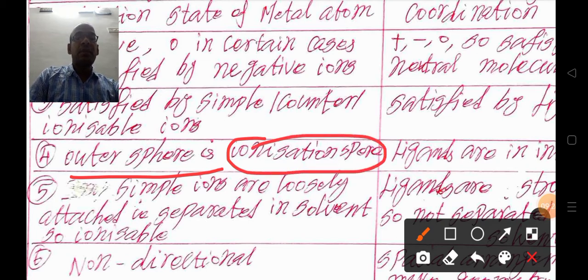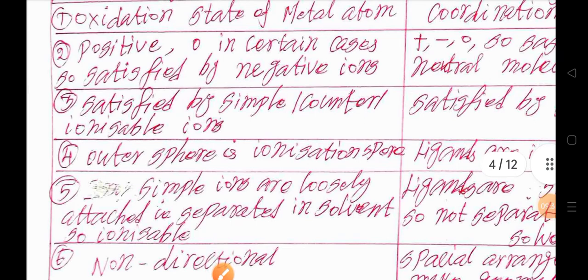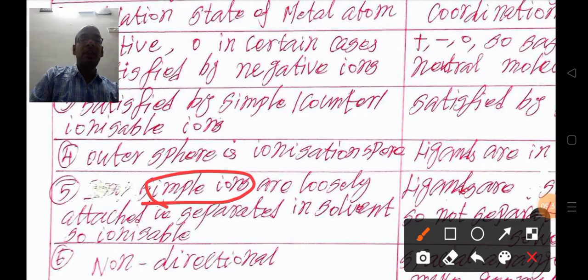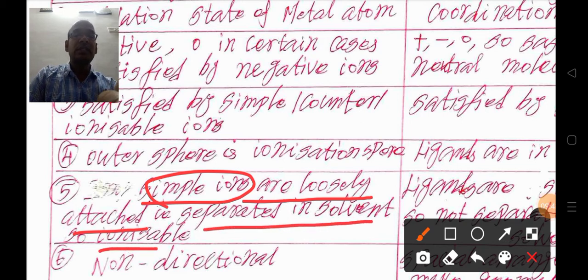In the outer sphere, simple ions are available. Therefore, these simple ions are loosely attached, therefore separated in solvent, so it is ionizable.